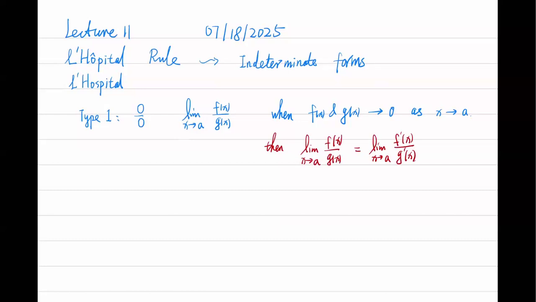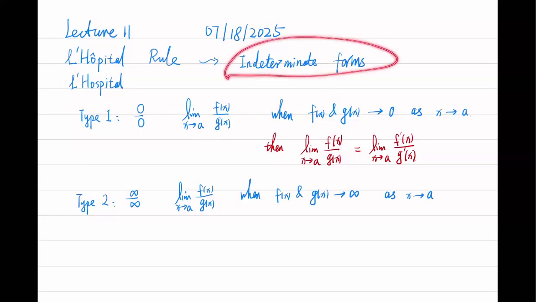Okay. Second type. This is when both go to infinity. So this is the second type of this indeterminate form.